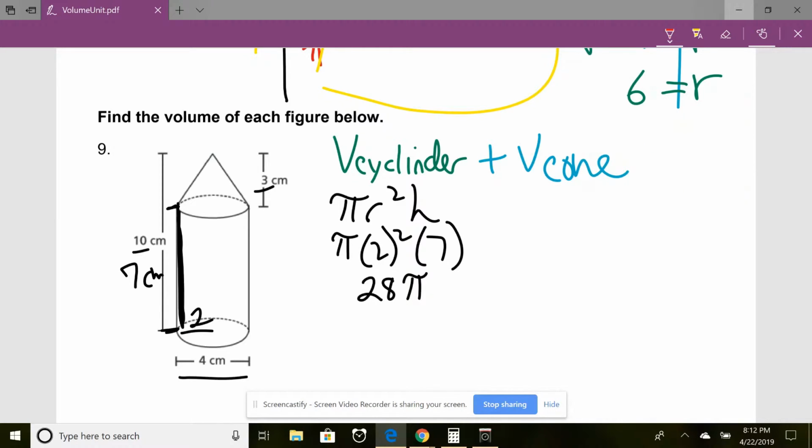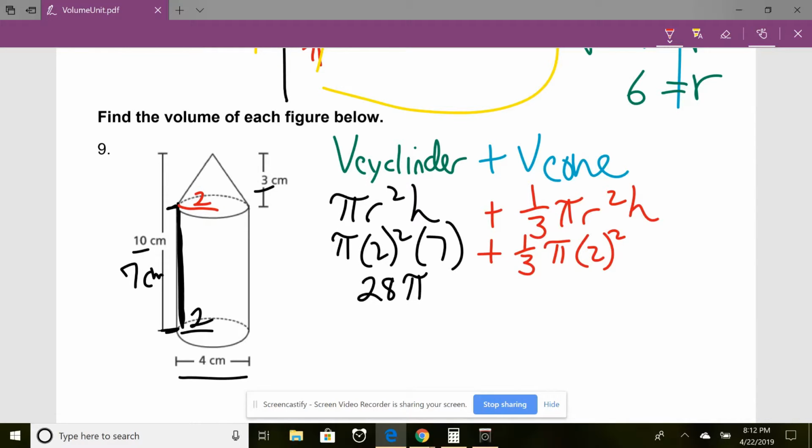We know the radius of the cone is also 2. Now, careful with the cone formula, because remember it's 1/3 pi r squared h. So it's 1/3 pi times 2 squared times the height of the cone, which is 3.